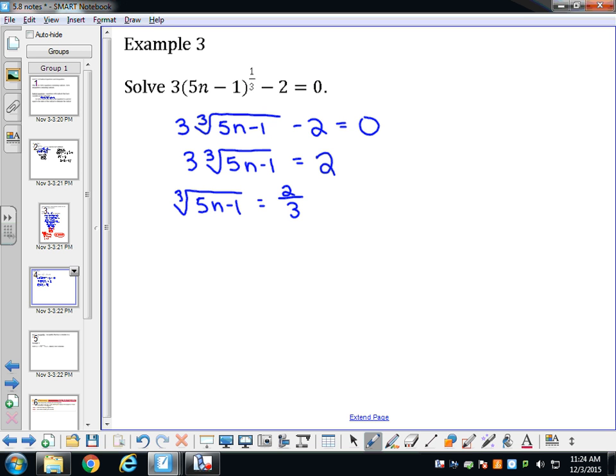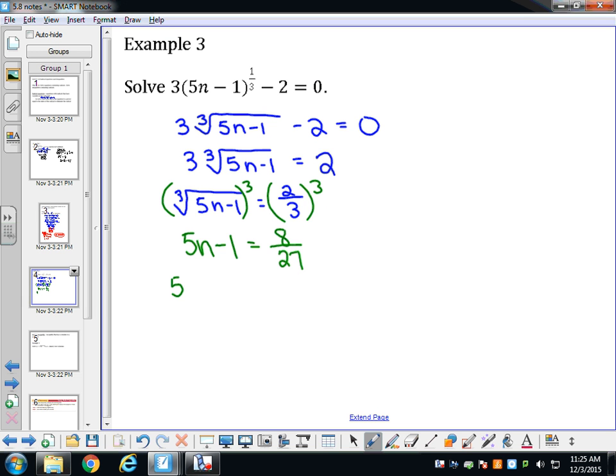So I get the cube root of 5n minus 1 equals 2/3. Now to get rid of my cube root, I will cube both sides, which gives me 5n minus 1 equals 8/27. Remember, you can cube the numerator and cube the denominator separately. Then solve for n.